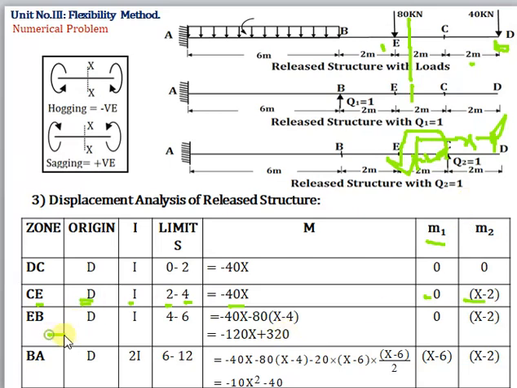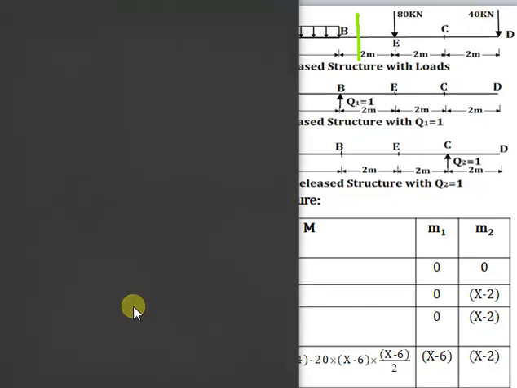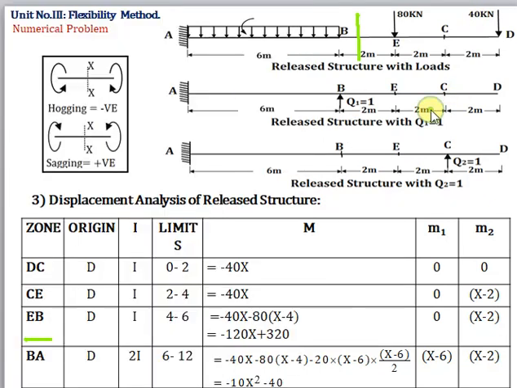Now next is EB. Span EB. Now let's consider a section. Now how many forces toward the right hand side? There are 2 forces. Let's take the first one as 40. Okay, before that let's put the limits.